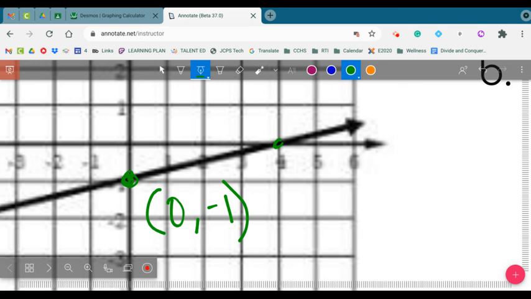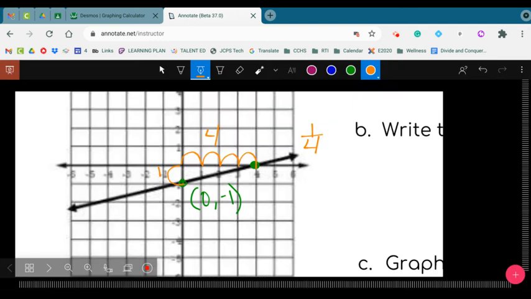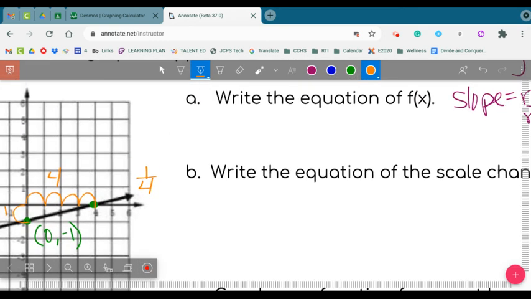So that's a point, and then this will be another point. It looks like I rise 1, and then I run 1, 2, 3, 4. So 1 over 4 would be my slope. So I'm putting this in the equation. I'm going to have y equals my slope, which is 1/4 x, and then plus my b value, which is my y-intercept, which is -1.